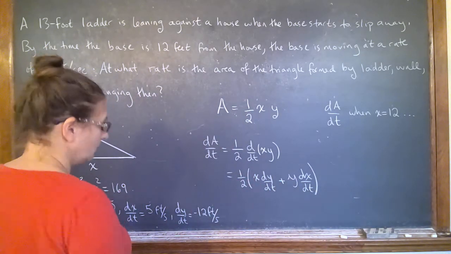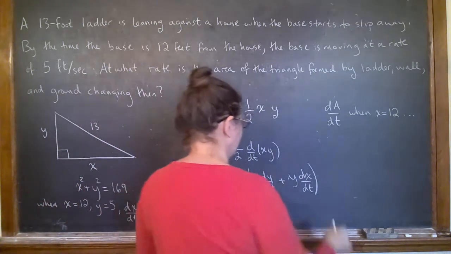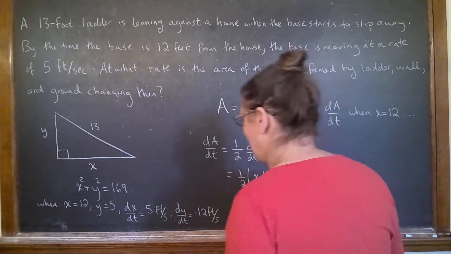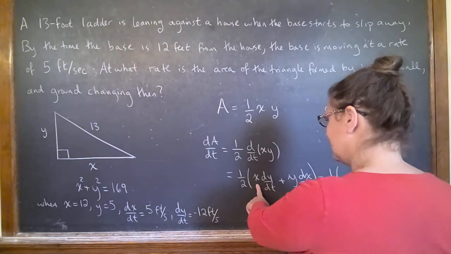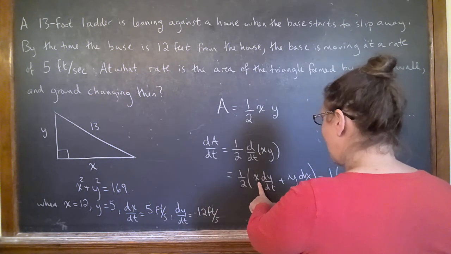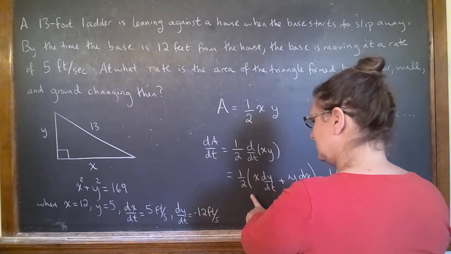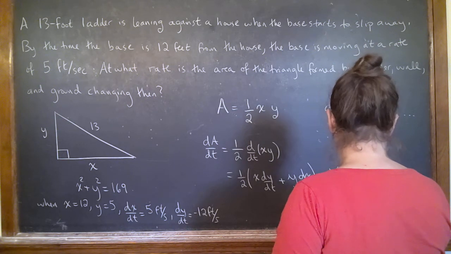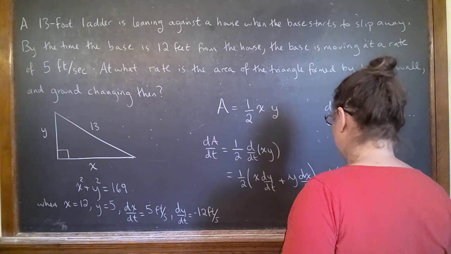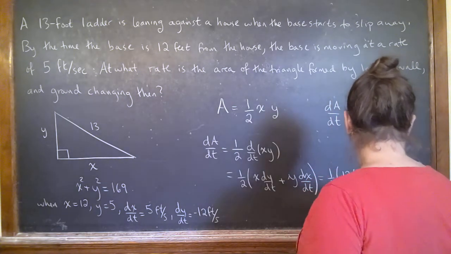So x is 12 and dy/dt is negative 12, and then y is 5 and dx/dt is 5.